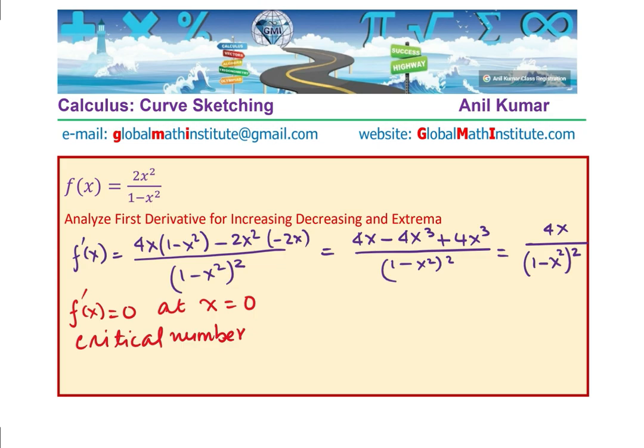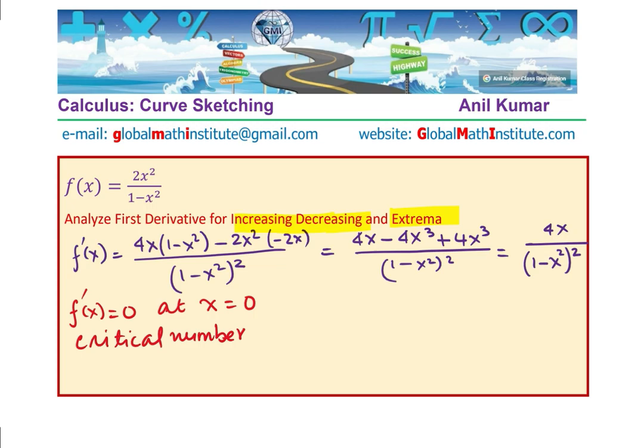The whole idea of analyzing the first derivative is to find increasing and decreasing intervals and also extrema, right? That's very important. So let us analyze this particular point, x equals 0, on either side. Well, we do see that the denominator is 0 for plus and minus 1, right?